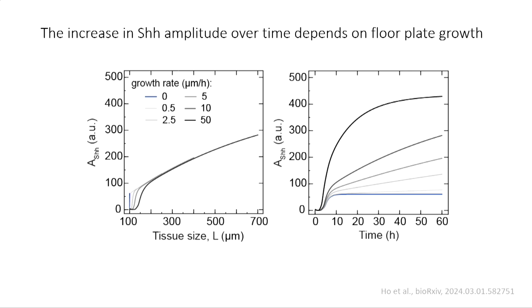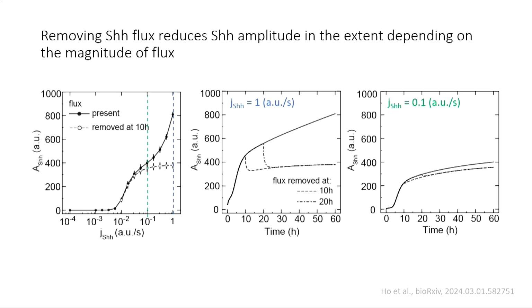For the floor plate size, it wasn't the case. You saw those curves perfectly aligning. For the amplitude, it's really related with the growth, but it's also related with this initial flux. And here you could see how the floor plate is actually contributing to the amplitude.